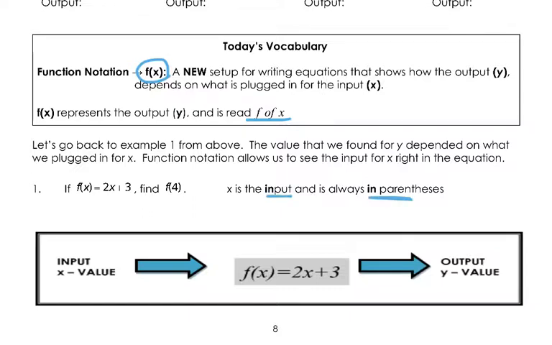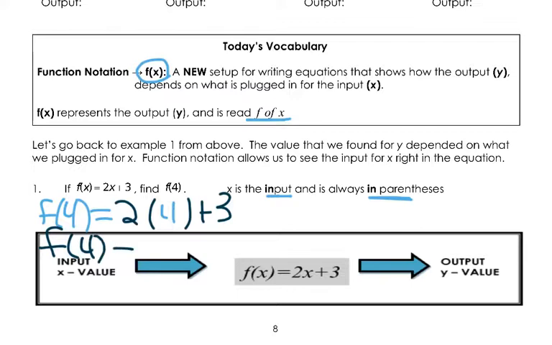So there's a nice way to remember: it's always on the inside of the parentheses, and it's always our input. So we would rewrite this as f of 4 is equal to 2, now instead of x we would have 4 here, plus 3. And then we know that f of 4 is equal to 8 plus 3, and f of 4 is equal to 11.